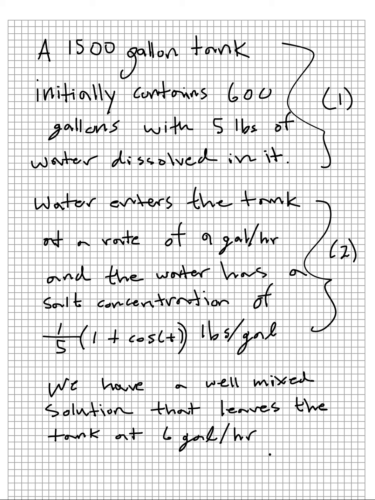Okay, so of course this is the third piece of information. So you notice there's 3 pieces of separate information that will be given to you. And the final question is, how much salt is in the tank when it overflows, right? So the final question is, with those 3 pieces of information, how much salt is in the tank when it overflows?